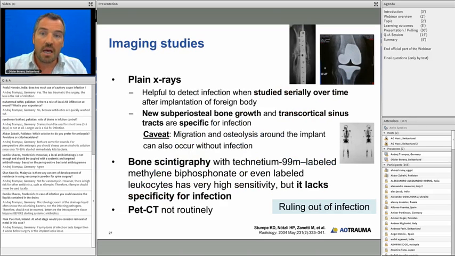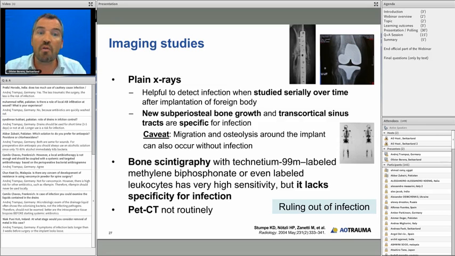What about imaging studies? Imaging studies, of course, are very helpful, but unfortunately there's today no single imaging study which can prove with a high sensitivity and specificity that there is really an infection. In orthopedic trauma, we always need plain x-rays in order to look at the osteosynthesis which has been done.